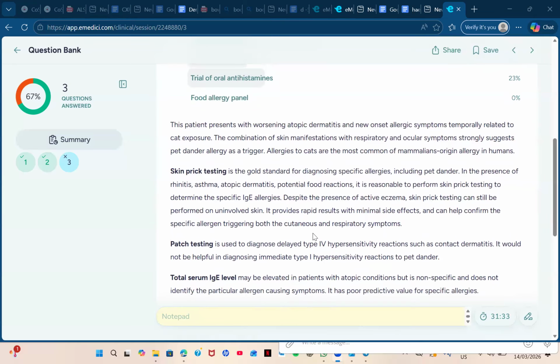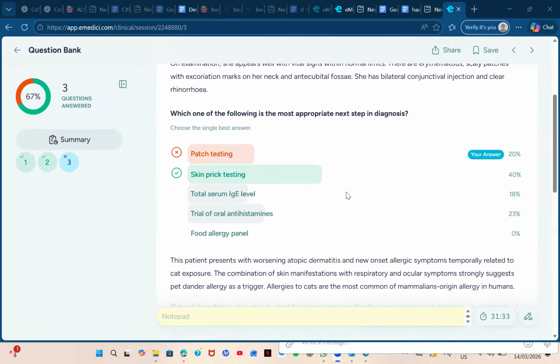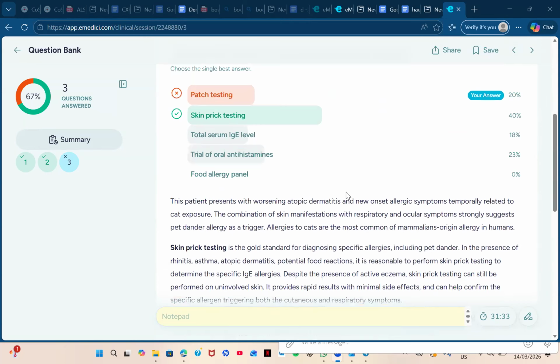This is eczema, right, doctors? Okay, so let's see. We have to check IgE allergies, and here in this question it is due to this pet allergy.